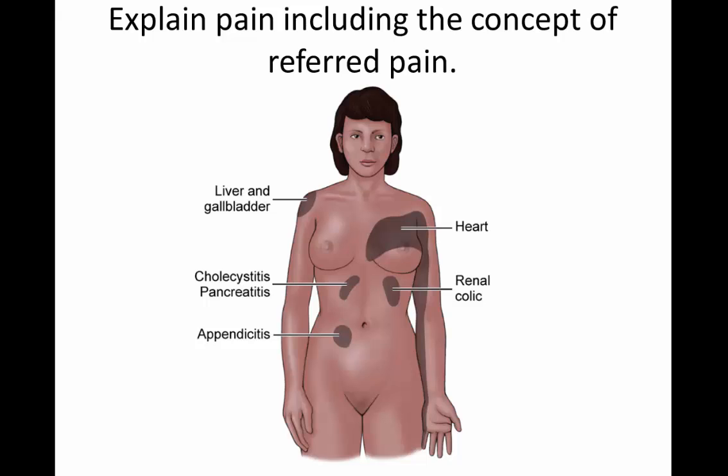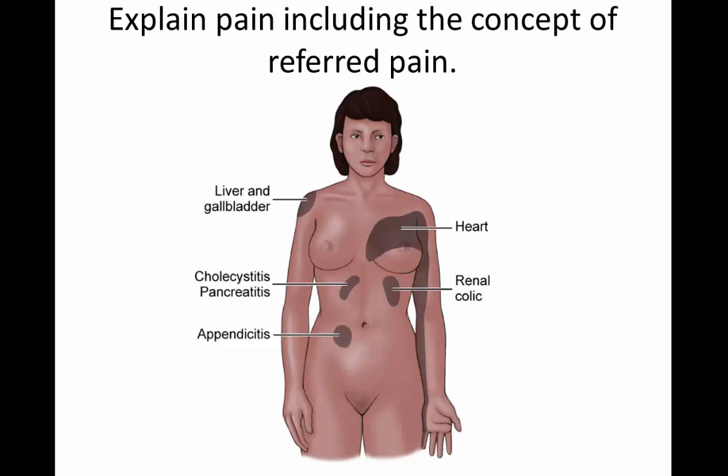Those neurons coming from the heart are bundled together in nerves that also have neurons coming from the left arm. Once that information about the heart attack, the pain, gets to the brain, it cannot differentiate very well between the chest and the arm because it's receiving information along the same nerve from both areas. And so a patient having a heart attack would also maybe be experiencing pain along their left arm.